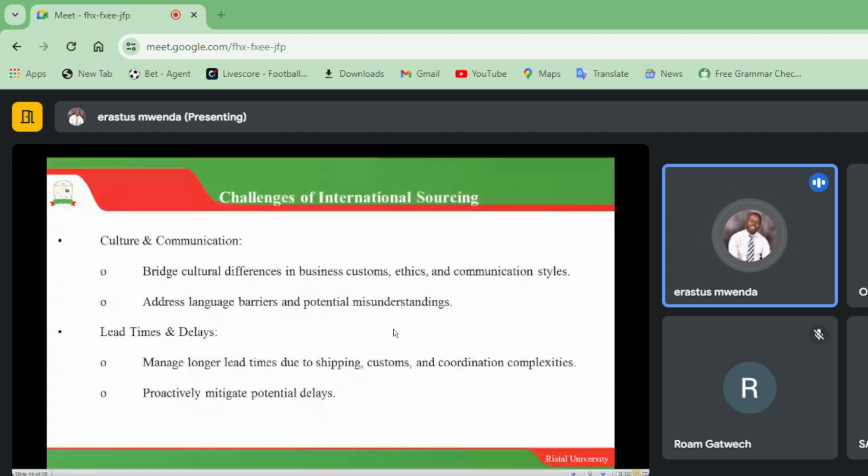When we are doing international sourcing, we could be faced by a number of challenges. Number one would be culture and communication, which I just mentioned from the previous slide. So how do we bridge the differences in terms of culture and communication? If we do not, it's going to be an impediment for us to trade internationally.